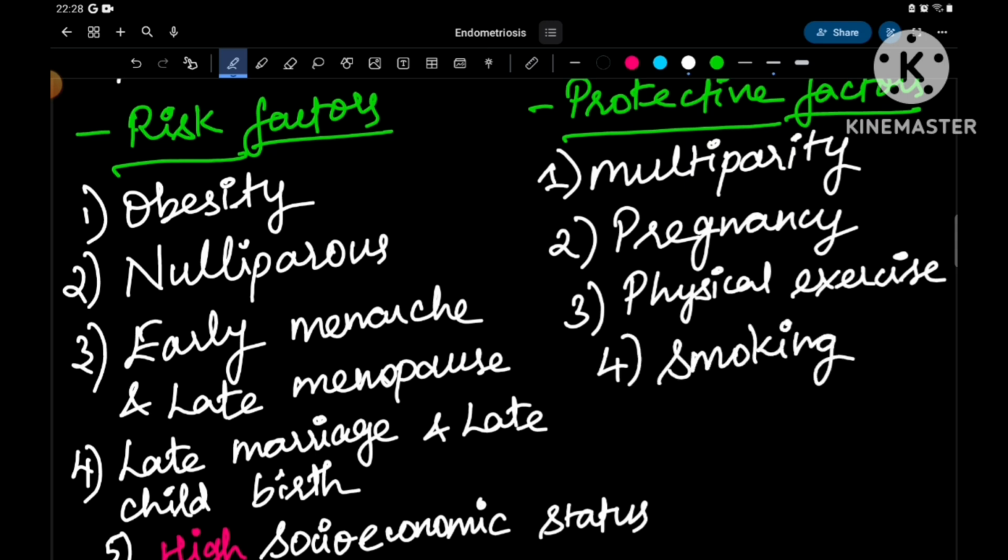So many times I used to think why this condition is mentioned. Though it might be a protective factor, it has a lot of side effects, right? But why is this condition still mentioned in textbooks, and even asked as questions? The main reason is, when you see a patient giving a history of smoking, you can first rule out endometriosis. When smoking is a protective factor for a few diseases, in patients with this history, we can rule out these conditions.